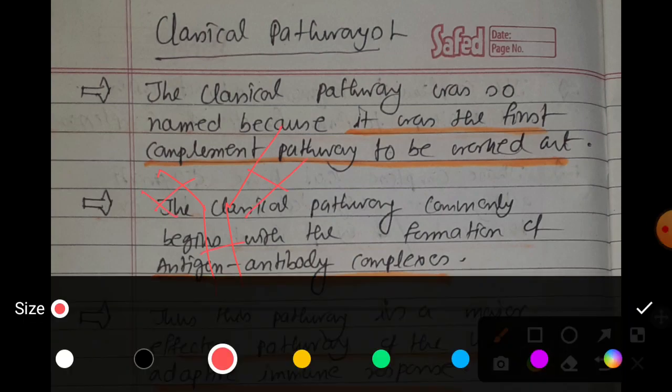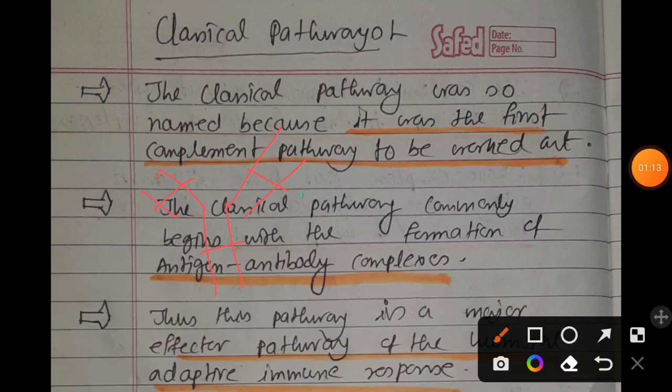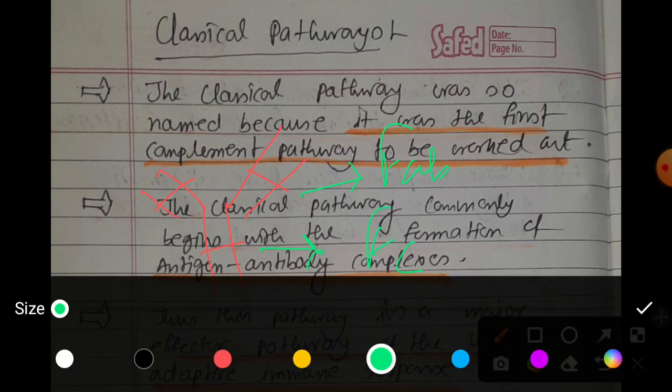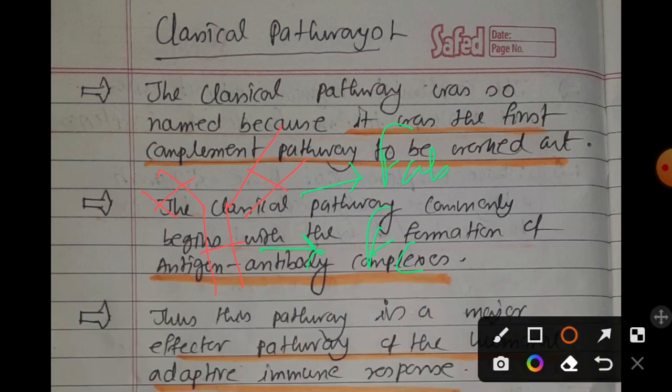Now, I have already told you in the first video of the complement pathway that an antibody has 2 parts. One is the FAB part, another one is the FC part, and the antigen will bind with the FAB part of the antibody, just like that.